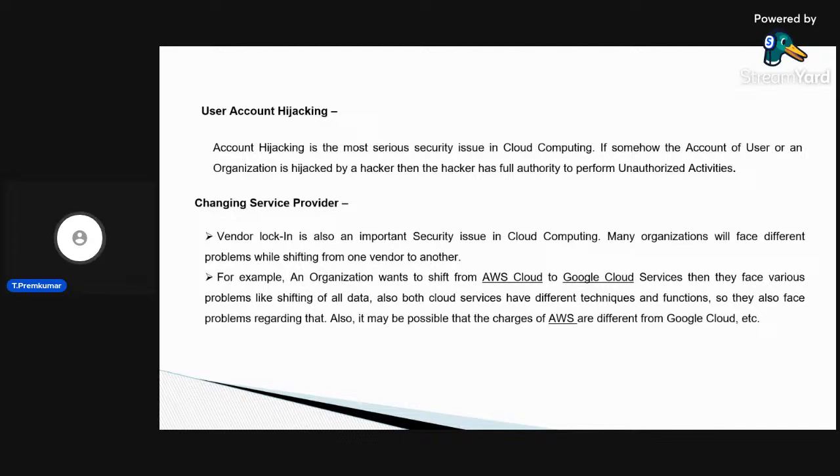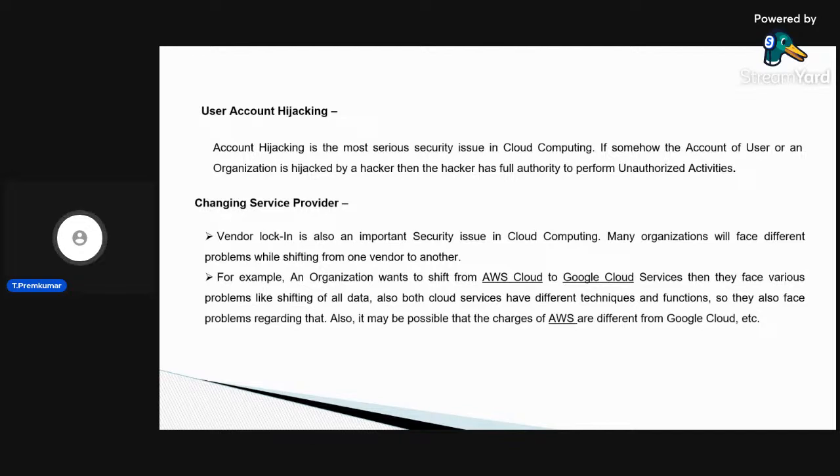The next one is changing service provider. Vendor lock-in is also an important security issue in cloud computing. Many organizations face different problems while shifting from one vendor to another. For example, if an organization wants to shift from AWS cloud to Google Cloud services, then they face various problems like shifting all the data.